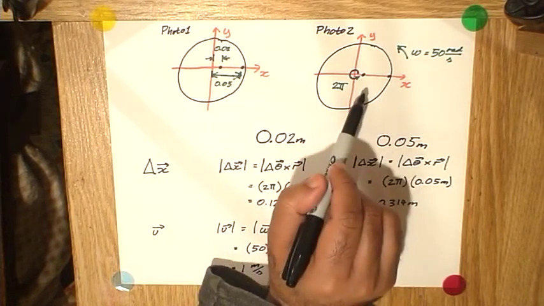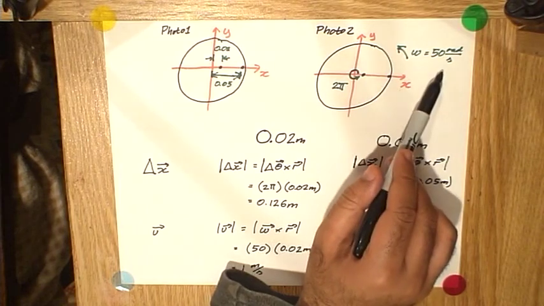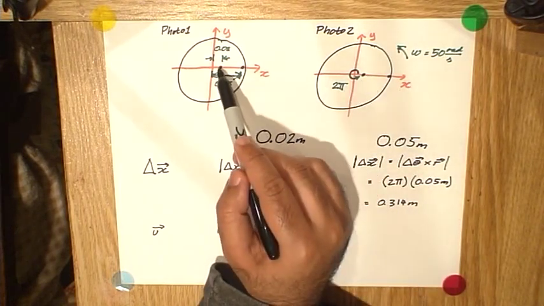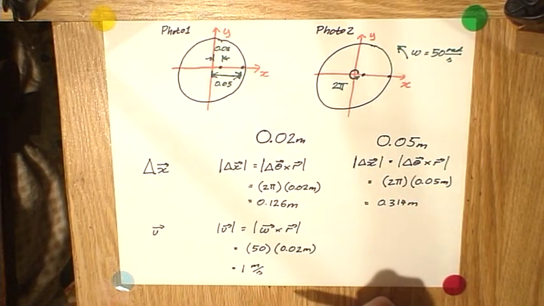So as this disk is rotating, the CD is rotating at 50 radians per second, this inner spot is going to be moving at a linear speed of 1 meter per second.